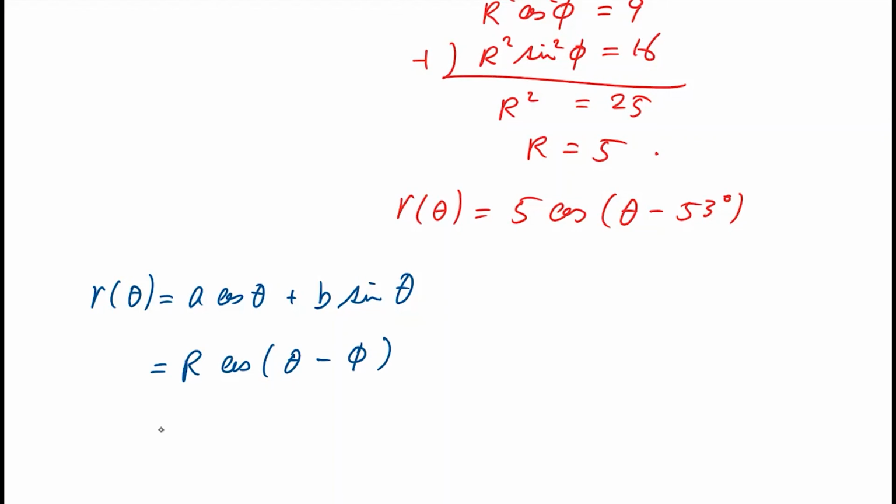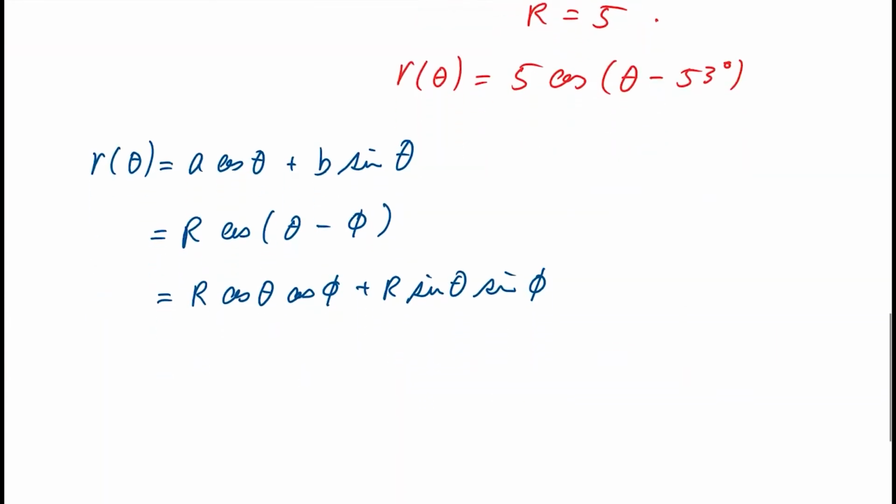Then we expand this out, so we have R cosine plus, and I'm going to distribute R sine. Then comparing, this thing must be the same as this, and this must be the same as that, because we have cosine and sine, with theta as our variable.